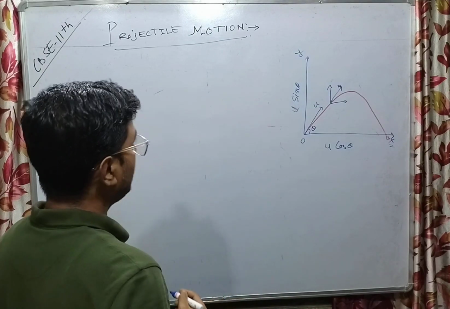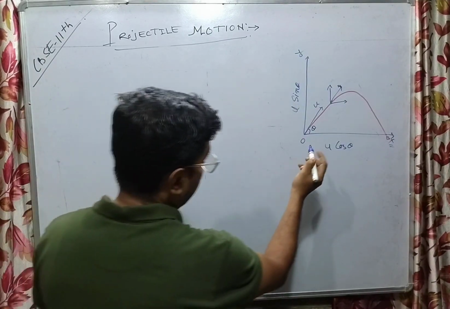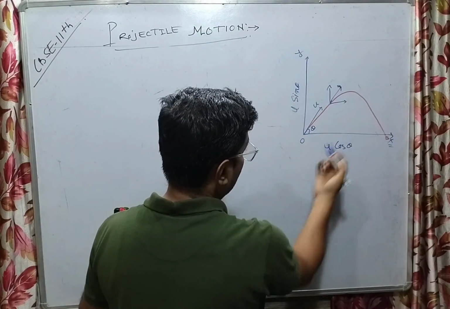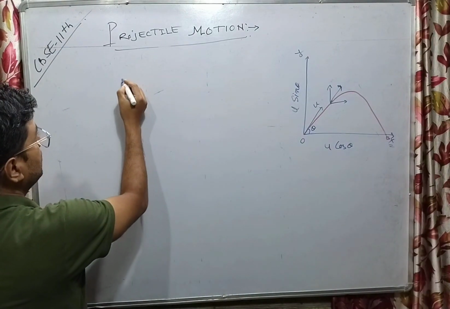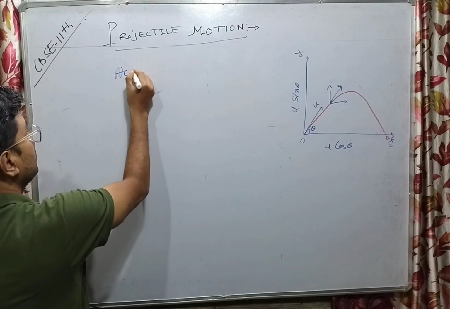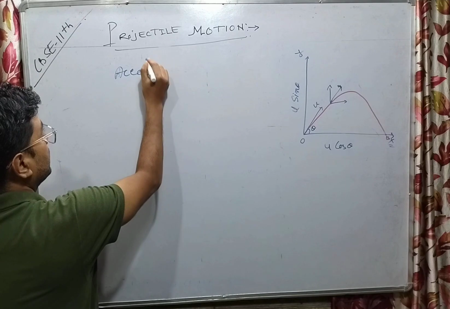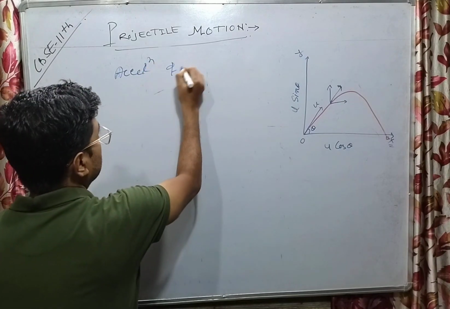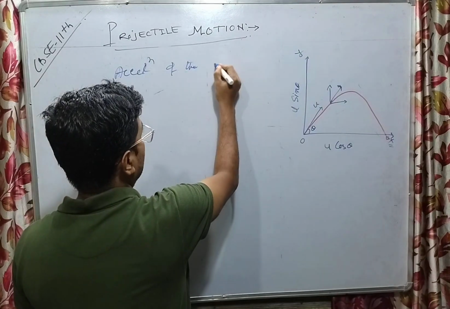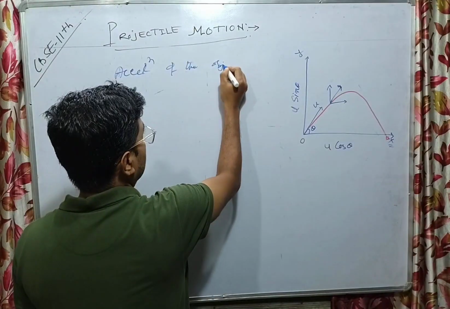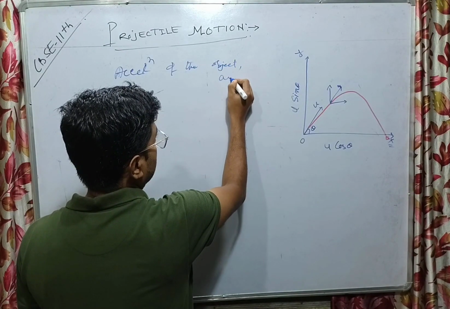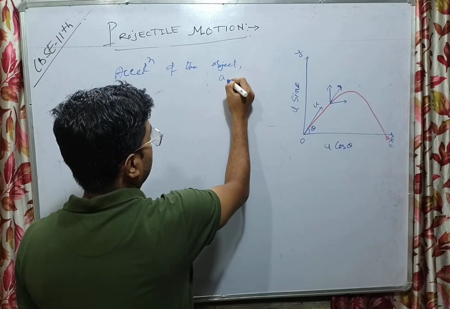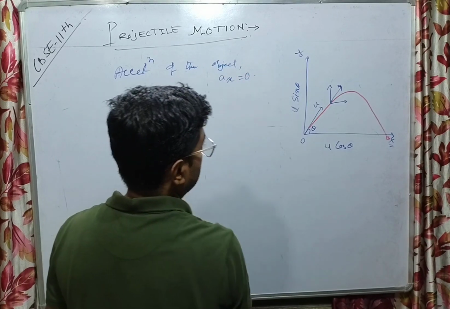Now, the horizontal acceleration of the object, ax, is equal to 0.